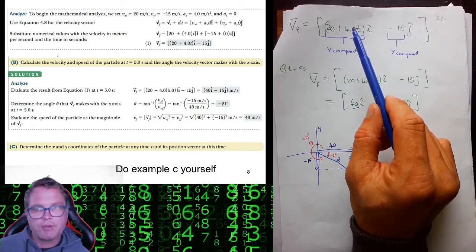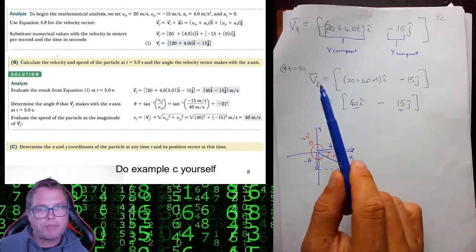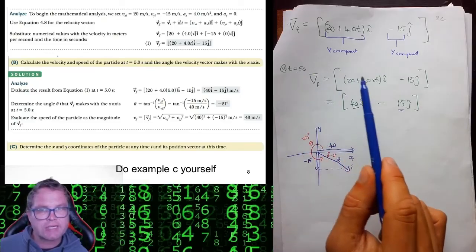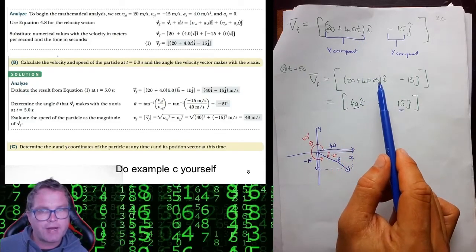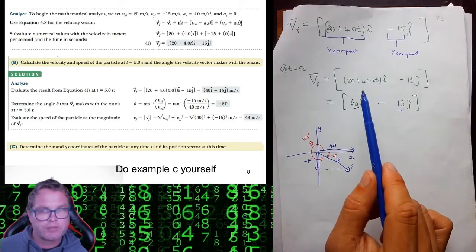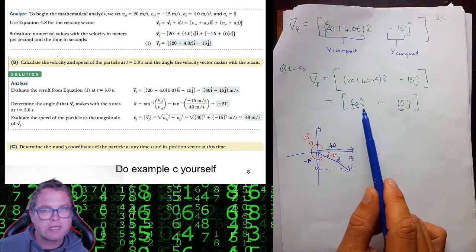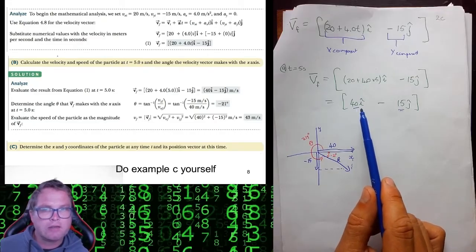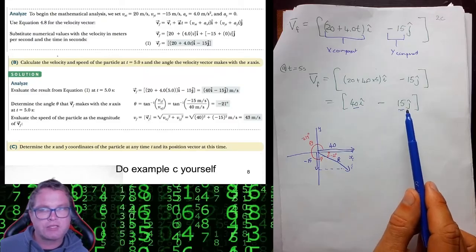So in part B, we're asked to calculate the velocity at t equals 5 seconds. For part B, we substitute the value of time equals 5 seconds into this equation, and we come out with an expression for the velocity of 40 meters per second in the i hat direction, minus 15 in the j hat direction.